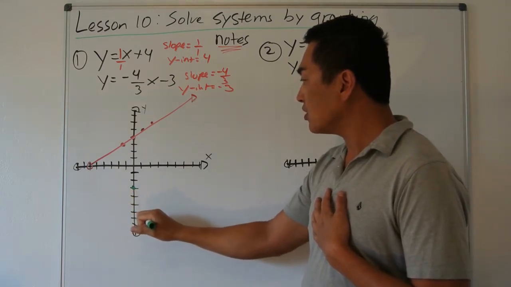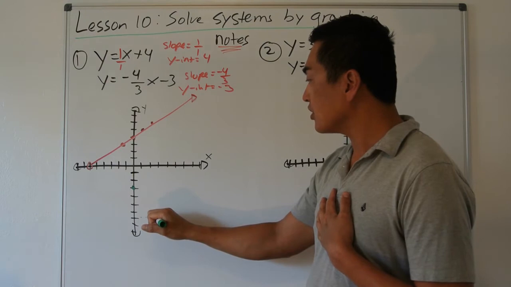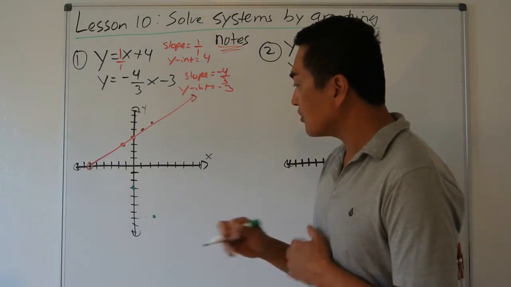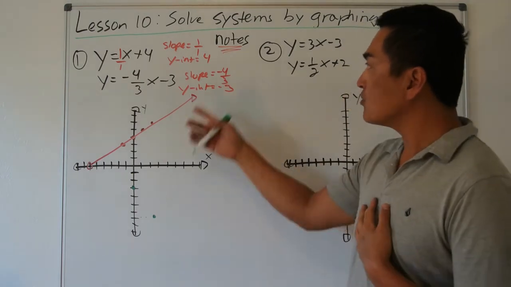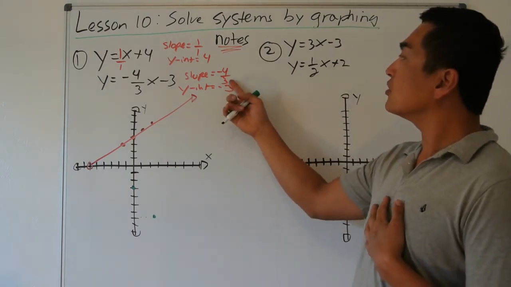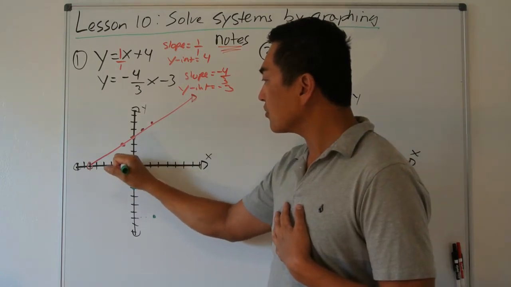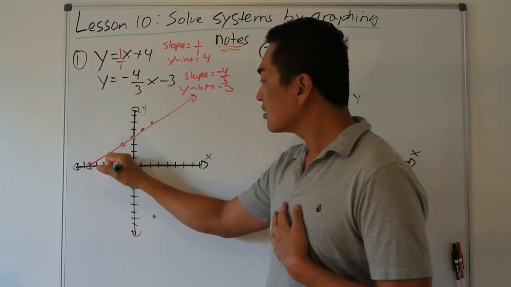Now I run out of room, so I'm just going to go up 4 to the left 3, so from here 1, 2, 3, 4, to the left 3, 1, 2, 3, over here.